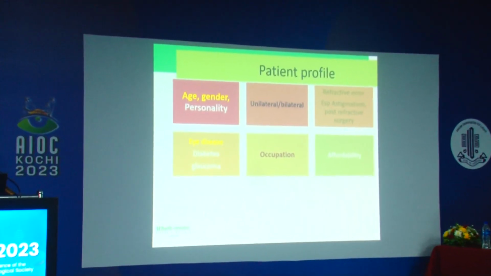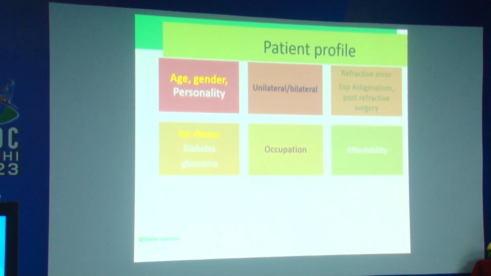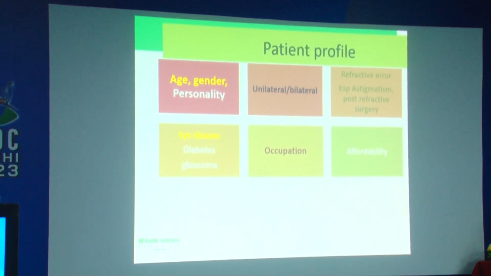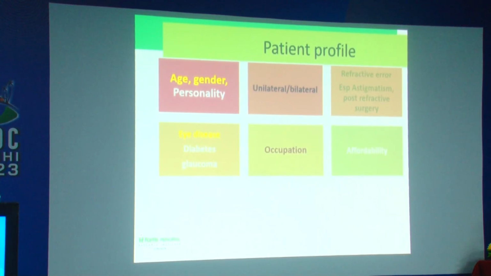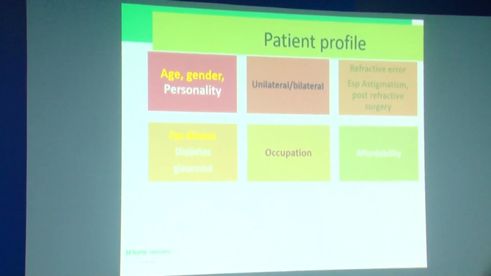So again, I'm going to just repeat what Dr. Parul said, that patient profile is the most important part when you're choosing your patients for a multifocal. The age, the personality, very important. A unilateral young patient with a cataract is always going to be a problem because you can never match the natural crystalline lens, but you do want to give them as little dependence on glasses as possible.